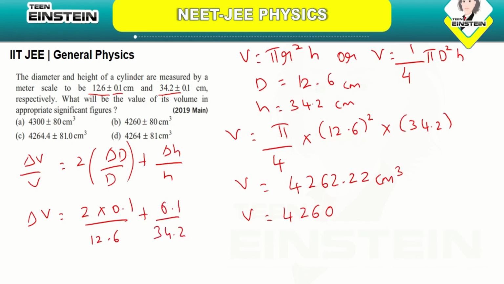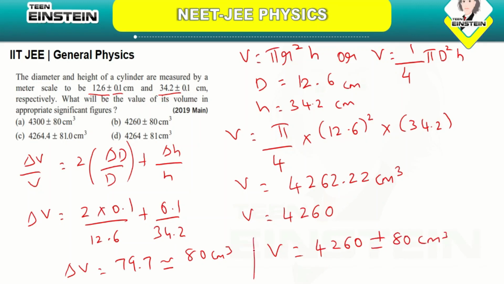When you solve this, you will get the del V value as 79.7, which is approximately equal to 80 centimeter cube. So the V value will be 4260 plus or minus 80 centimeter cube.